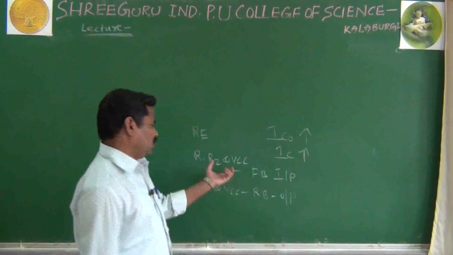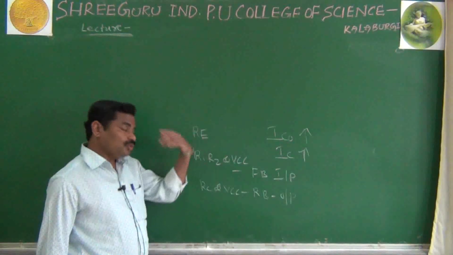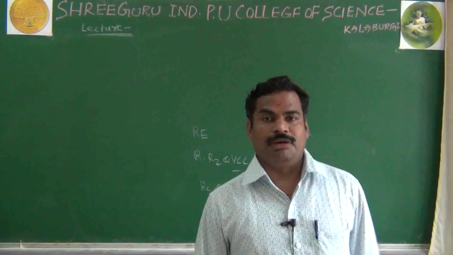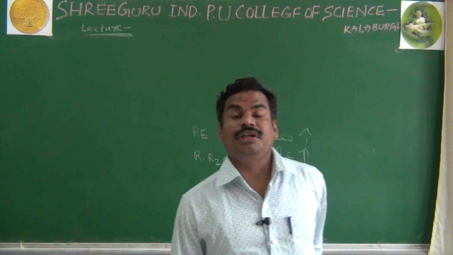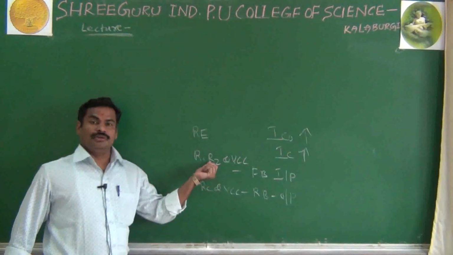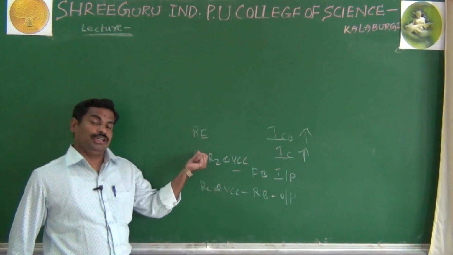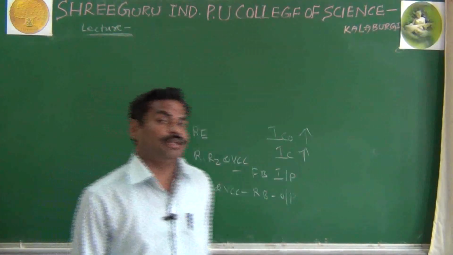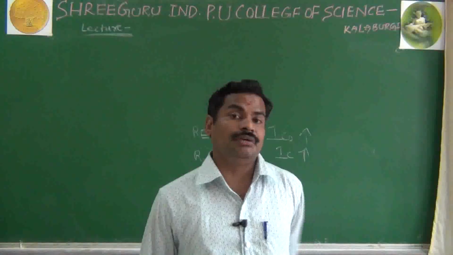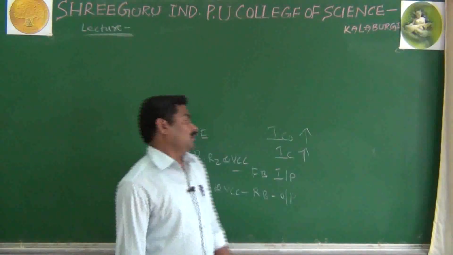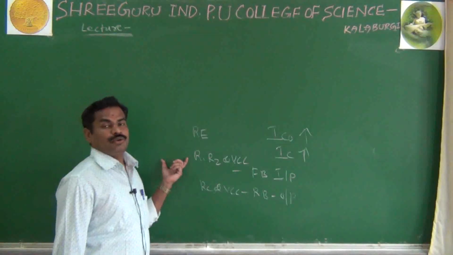Because as we know about R1, R2, and as I said in the last class, why is it called voltage divider biasing? Because R1 and R2 are in series, and you studied in your first year the use of resistors. You can divide the voltage, using the voltage divider rule.